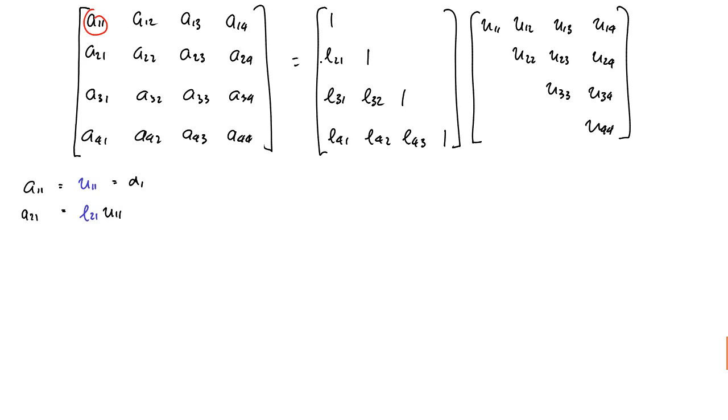That's just going across here and down there. Likewise, A31 equals L31 U11, and A41 equals L41 U11. So those first four equations allow us to compute U11, L21, L31, and L41. No problem. If we were doing regular LU decomposition of a general matrix, then we'd also have to do the following.